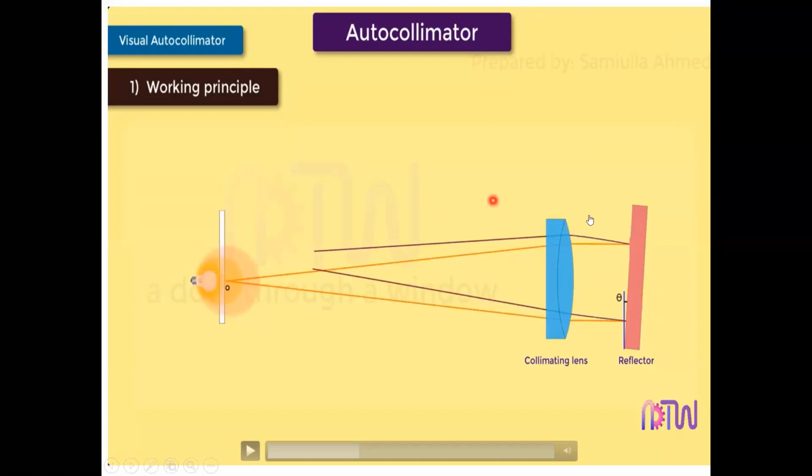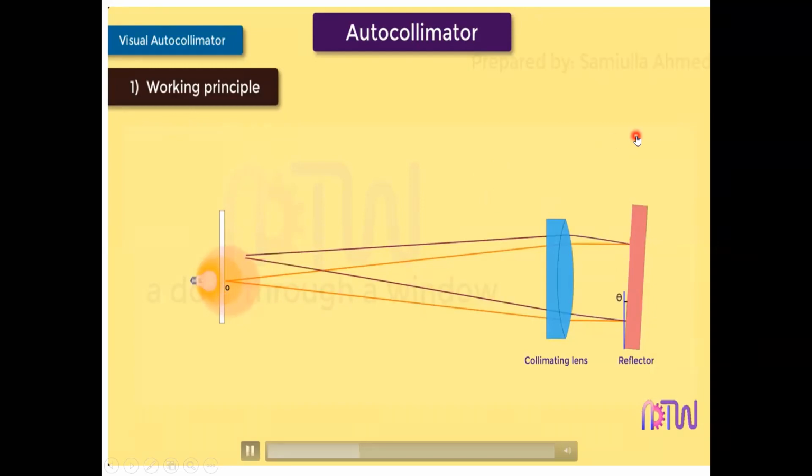right? Initially you use the slip gauge, a completely flat surface, and you observe the initial position of the image. After removing the slip gauge, with the work part you again take the image. The image will occupy a position here or here. You can measure the distance between the two images, and that can be used to find the theta angle.